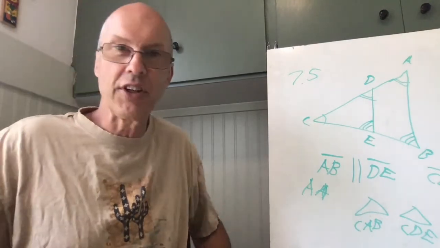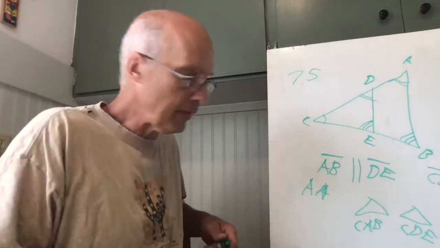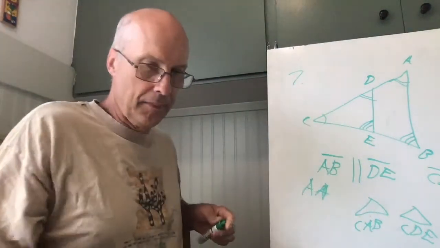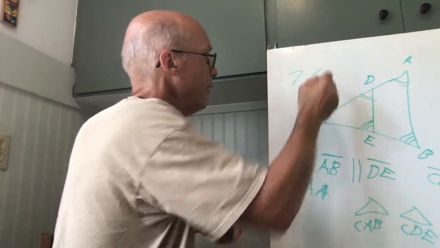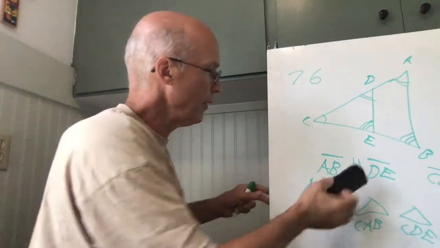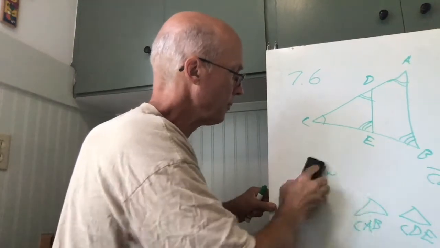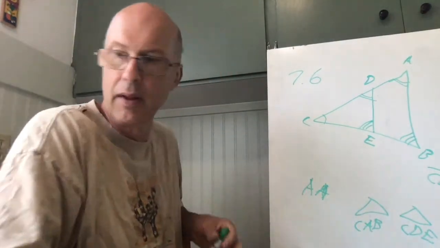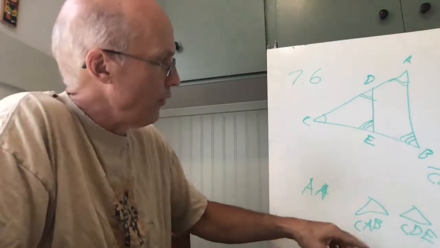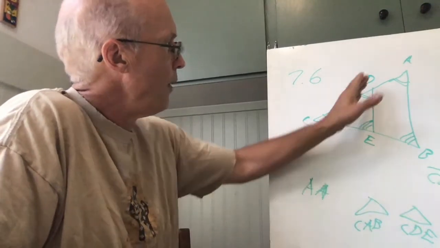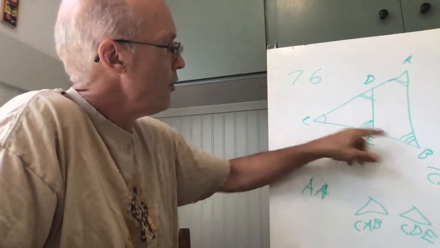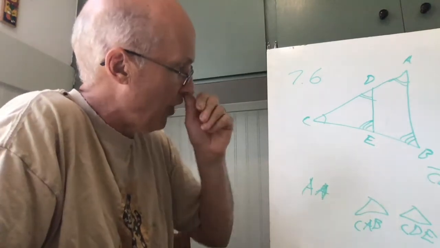7.6 is just the converse of that. 7.6 says, let's say we didn't know this, but we did know this. We did know that these two lines are dividing everybody into proportional sides.